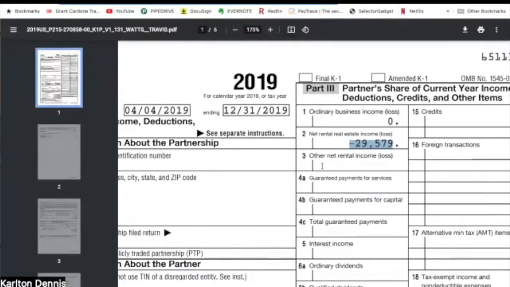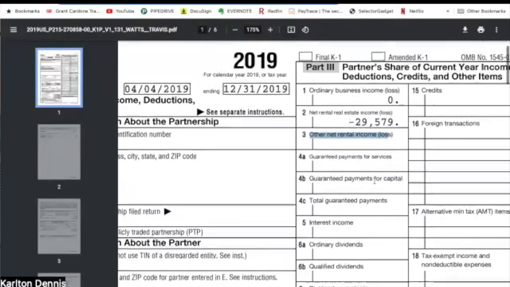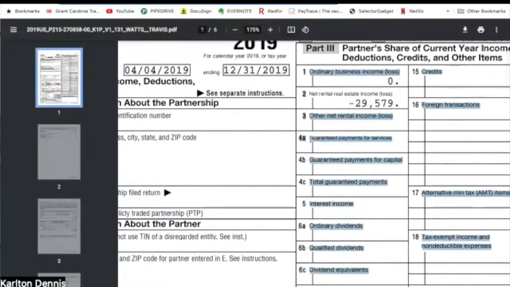You'll see other net rental income. Maybe there was other ways for him to receive net rental income from this partnership. Or maybe this partnership had him receive guaranteed payments for services. Sometimes we see this happen in private equity deals or in certain situations where a general partner is putting together this entire partnership.